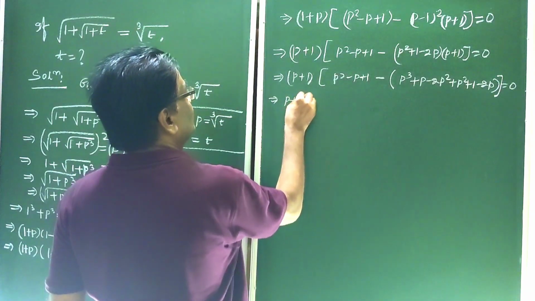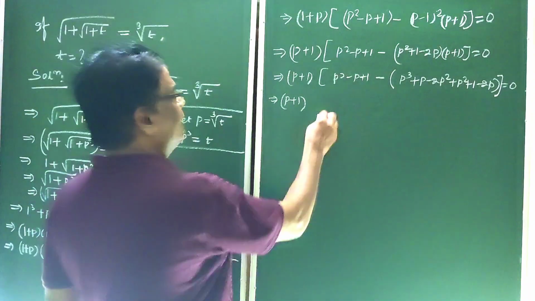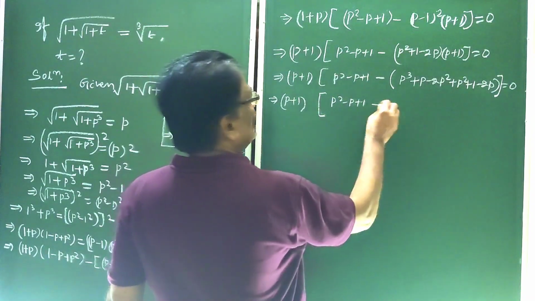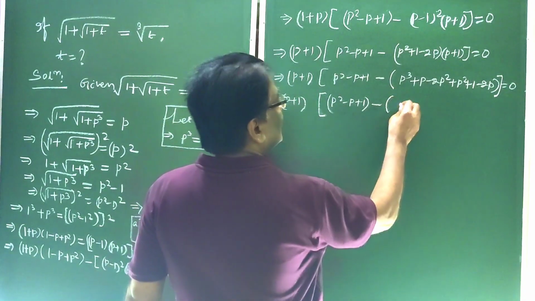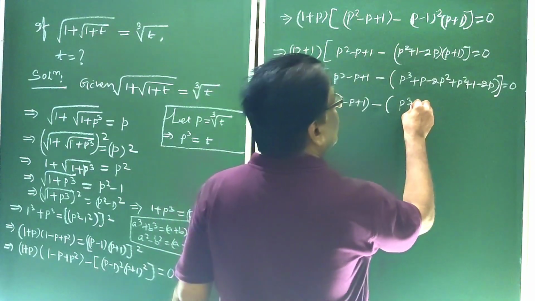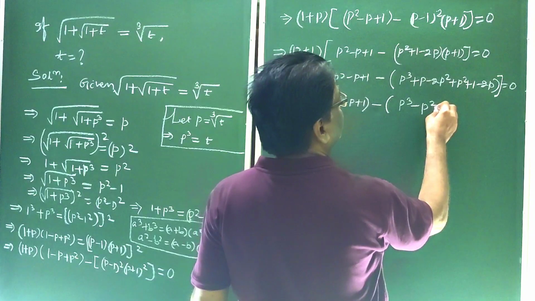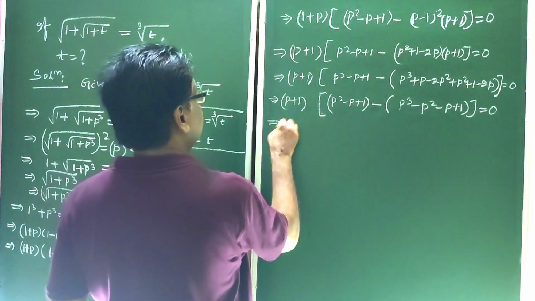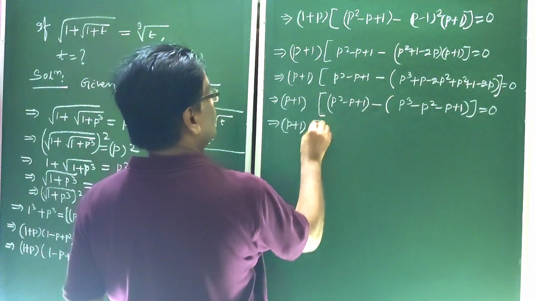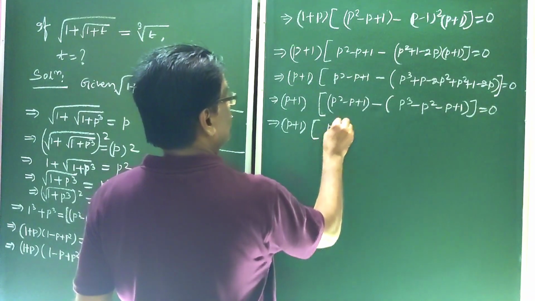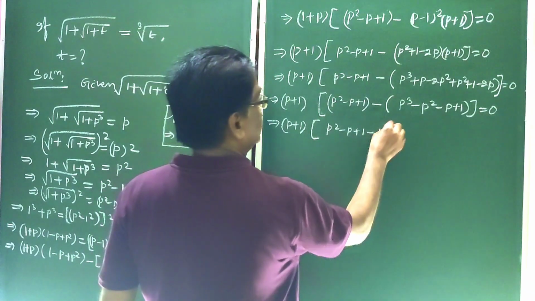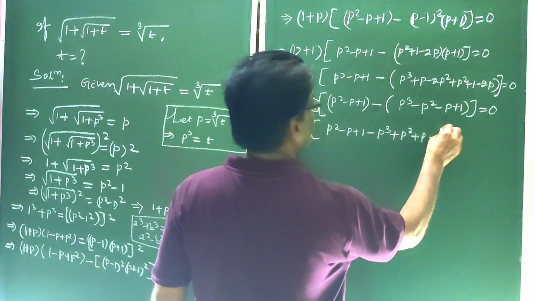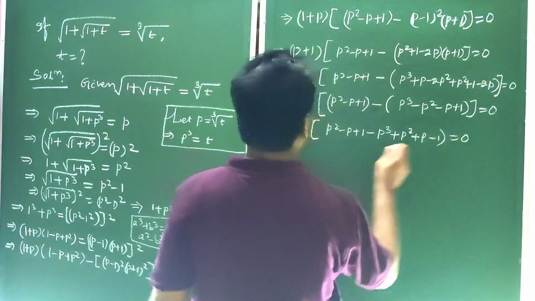This implies (p + 1)(p² − p + 1 − p³ + p² + p − 1) is equal to 0.